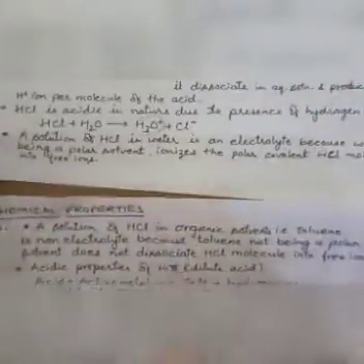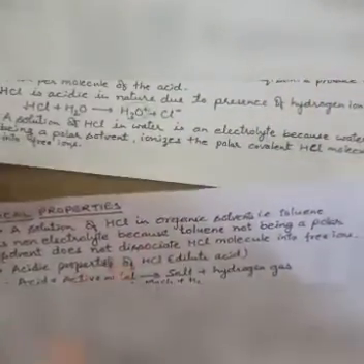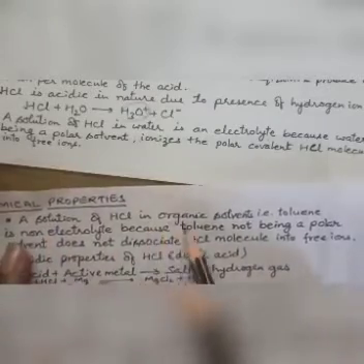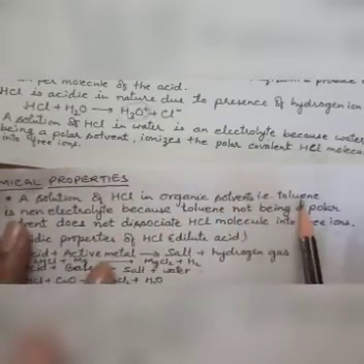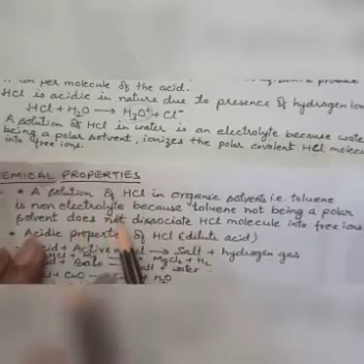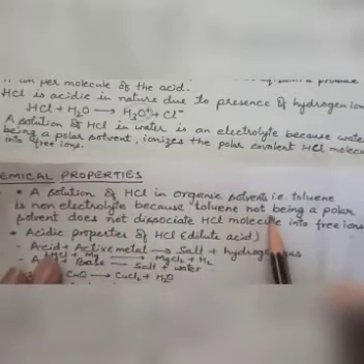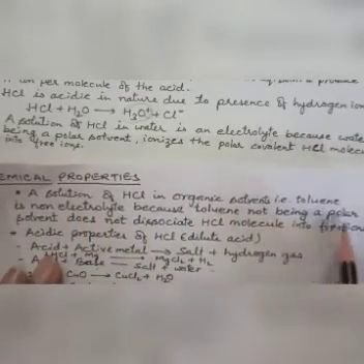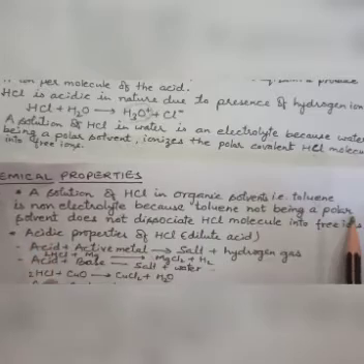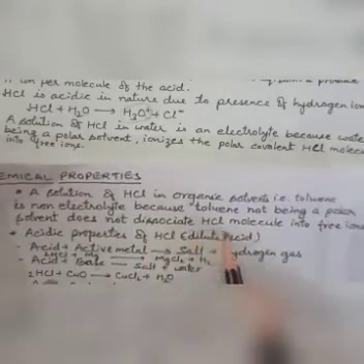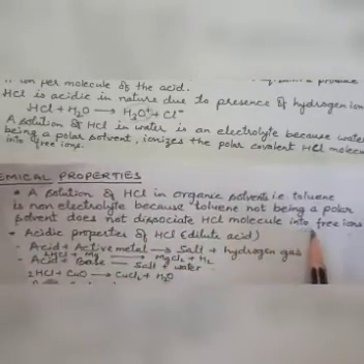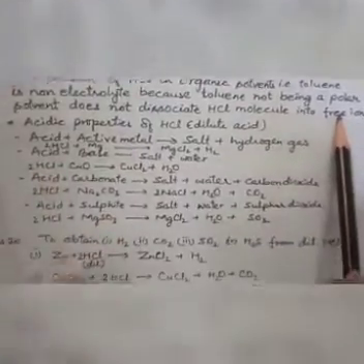But in case of a solution of hydrochloric acid in an organic solvent, that is toluene, it is a non-electrolyte. Why? Because toluene is not a polar solvent. It does not dissociate the HCl molecule into free ions, right?